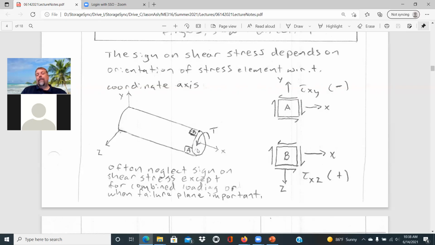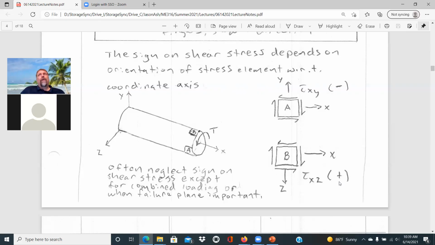So it's going to twist in the same direction as the torque arrow. But in this scenario, when we look at the positive X face, that shear stress is going in the positive Z direction. So this would be a tau XZ stress at B, and it would be a positive value.